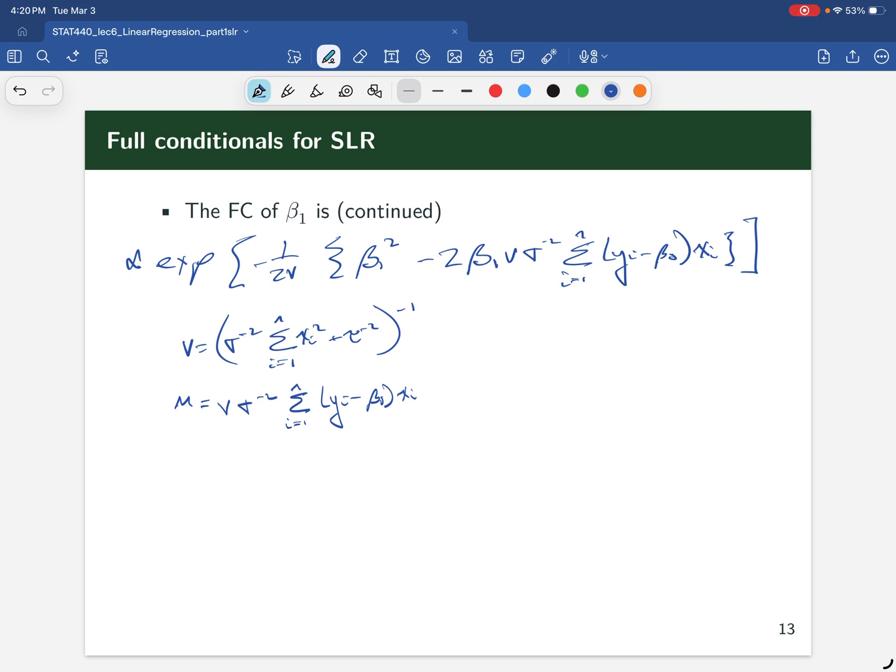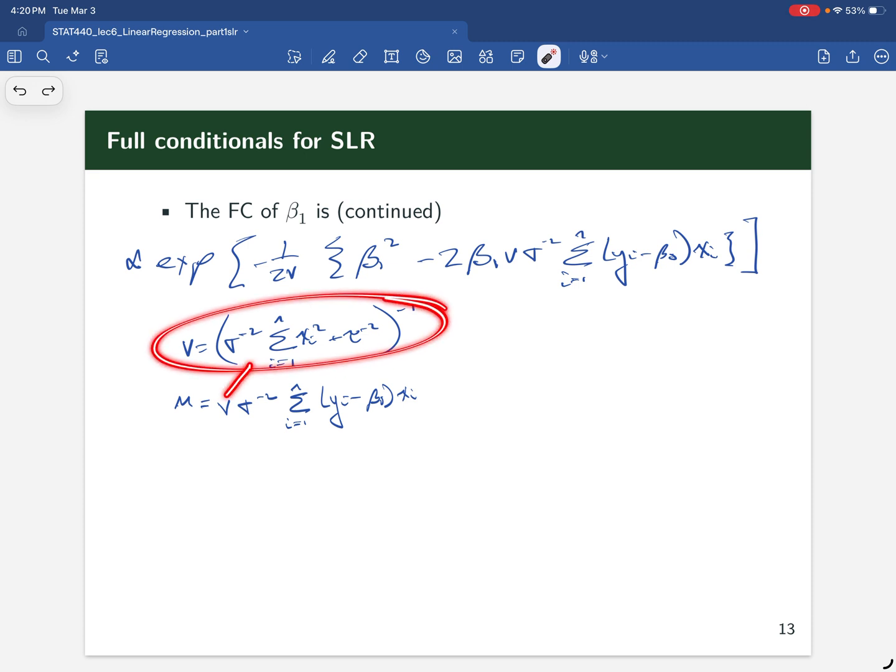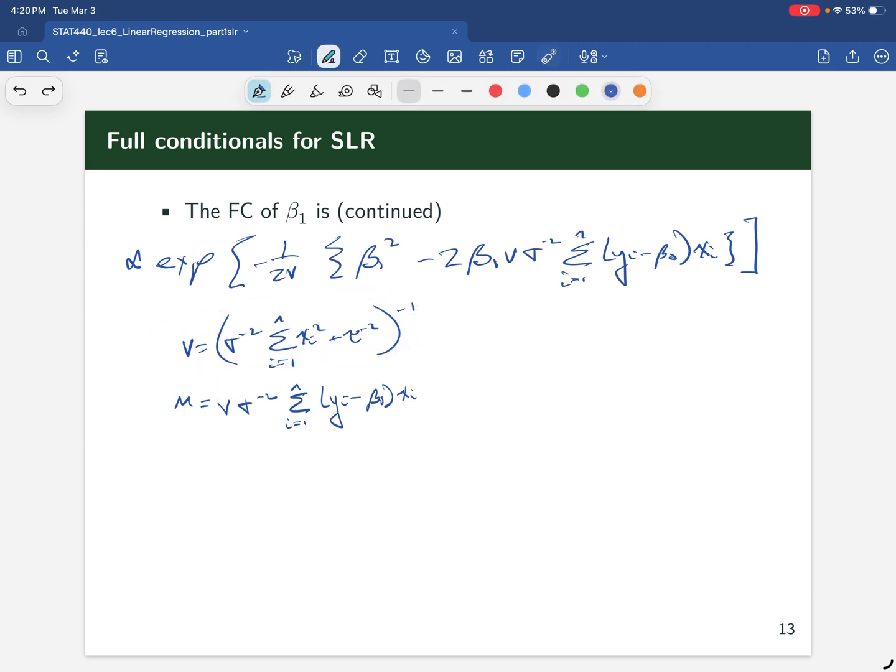If I don't want to leave this in terms of that v here, we can put this expression into there, and what we would end up with is m equals sigma to the negative 2 summation i equals 1 to n of yi minus beta naught xi, over sigma to the negative 2 summation i equals 1 to n xi squared plus tau to the negative 2.